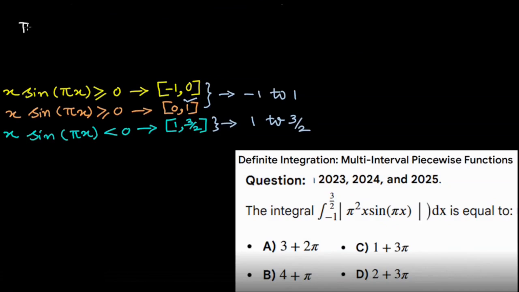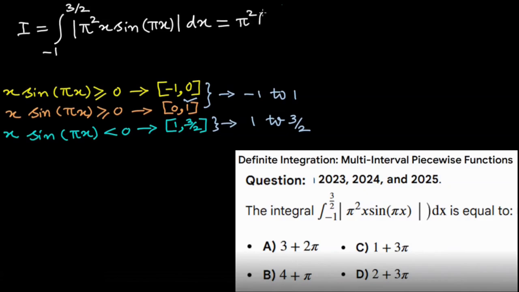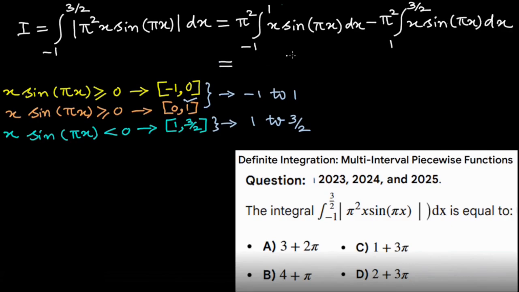I equals integral from -1 to 3/2 mod pi square x sine pi x dx will be pi square integral -1 to 1 x sine pi x dx minus pi square integral from 1 to 3/2 x sine pi x dx. Let us name the first integral I1 and the second integral I2.